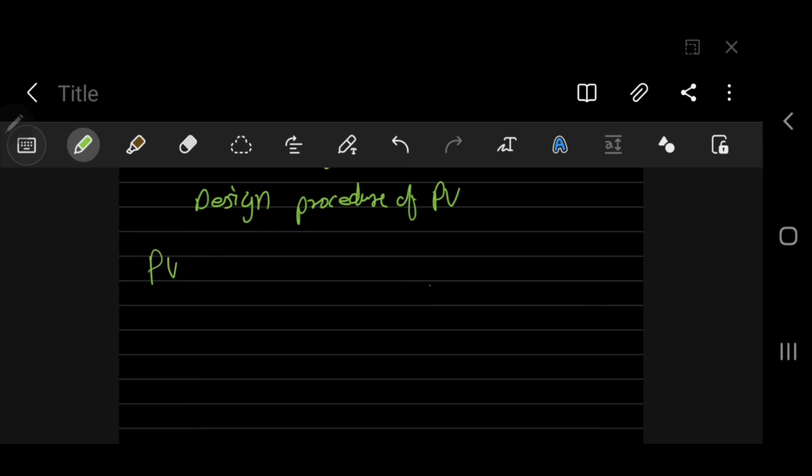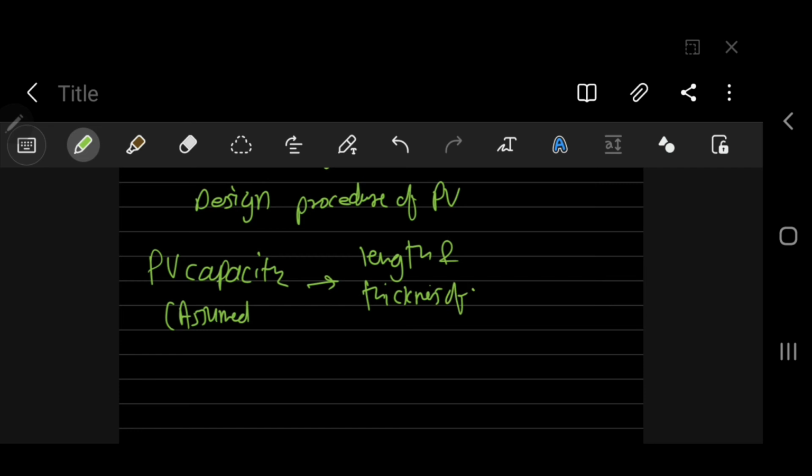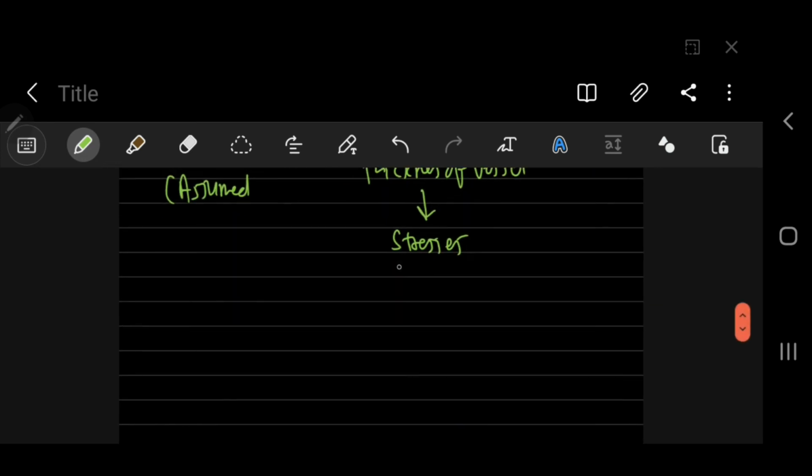Firstly, we have assumed a pressure vessel capacity. Then using that, we have calculated the length and thickness of the vessel. After that, we have found out the stresses induced in the pressure vessel.